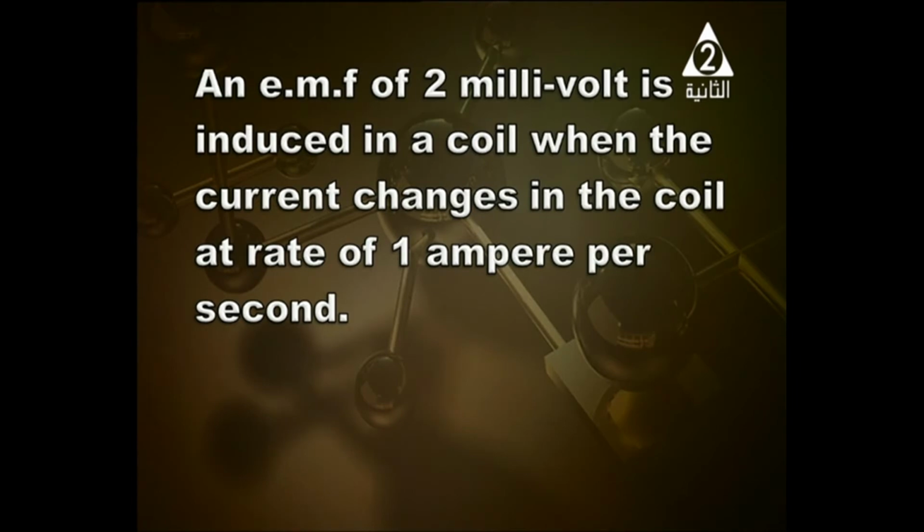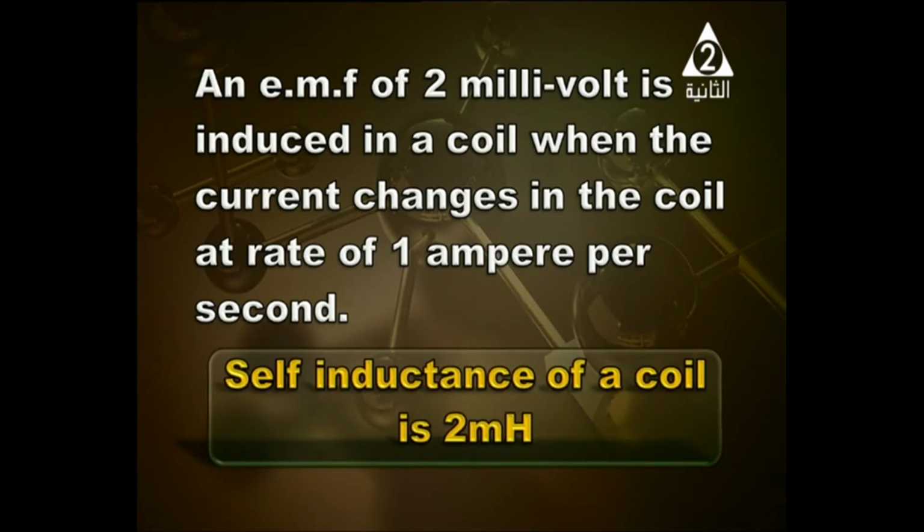Scientific term: an EMF of 2 millivolt is induced in a coil when the current changes in the coil at a rate of 1 ampere per second. EMF of 2 millivolt, so inductance is equal to 2 millihenry.